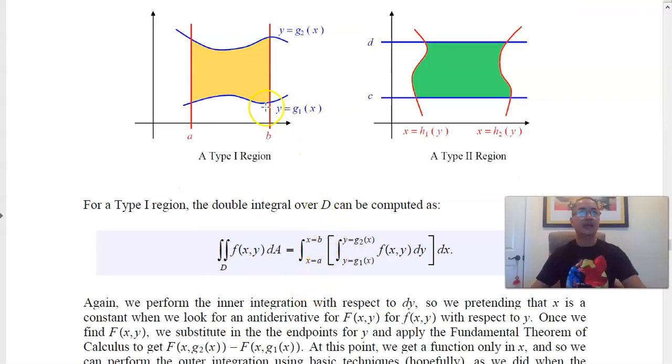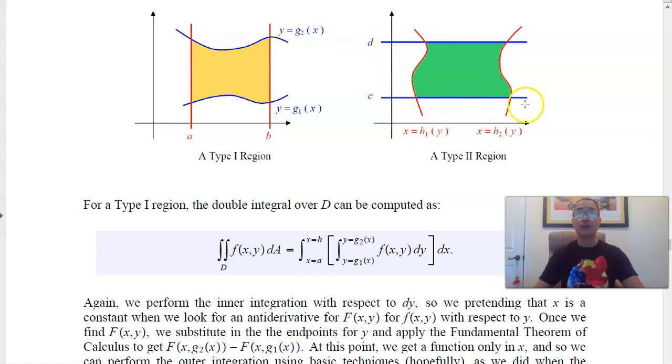Here are the kinds of pictures we'll be looking for. In a type 1 region, x goes from a to b, and y is between g1 of x below and g2 of x above. So we want a region which is between these two curves and between these two vertical lines. Type 2 is flipped over. We're looking for a region where y is between c and d.